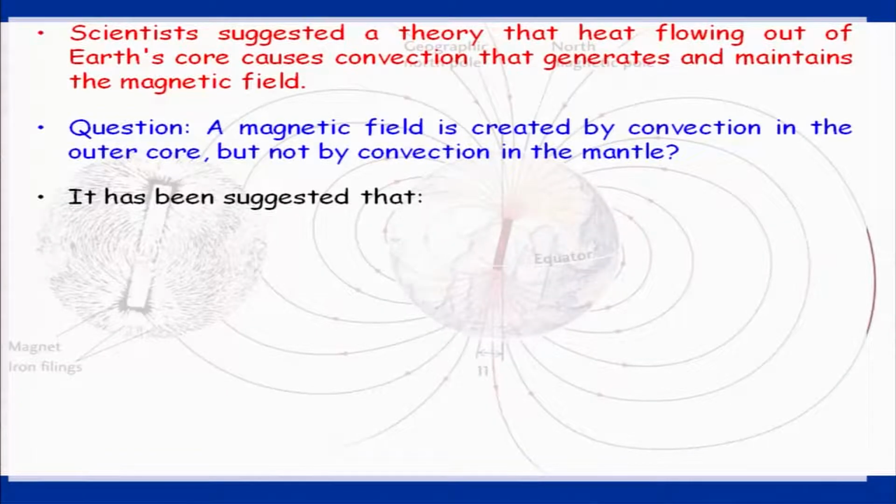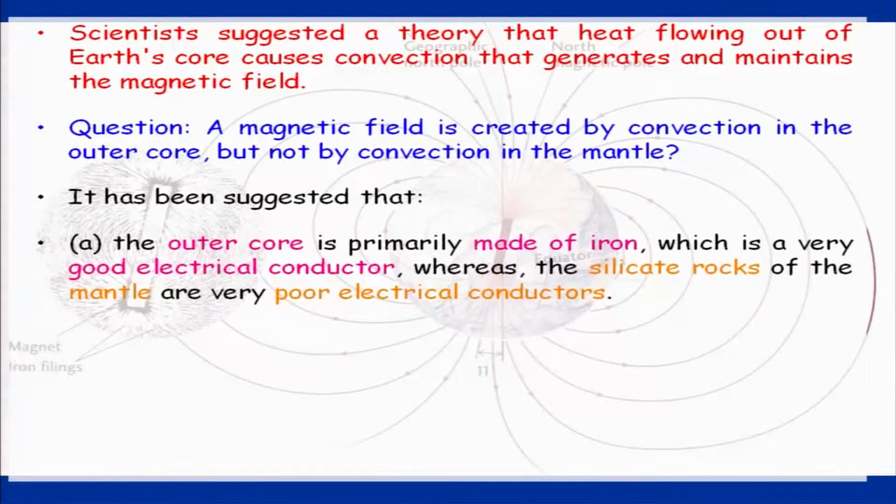It has been suggested that the outer core is primarily made up of iron. Now if you remember the composition of the earth, the interior, what we have first on the top, we have the crust, which is comprised of silica, magnesia and aluminum magnesium rocks, Sial and Sima.